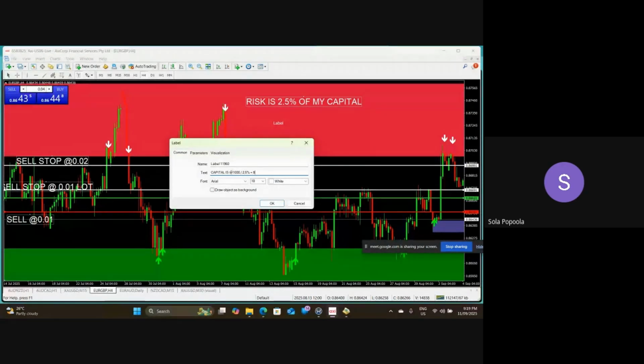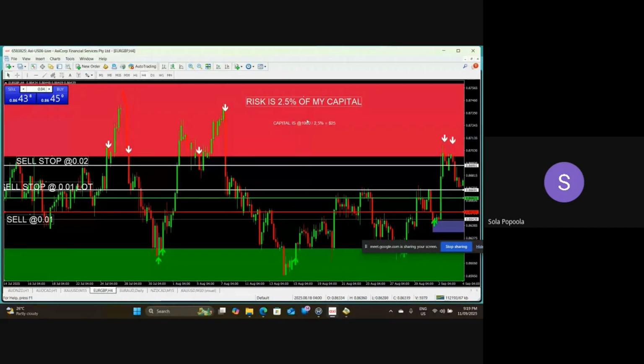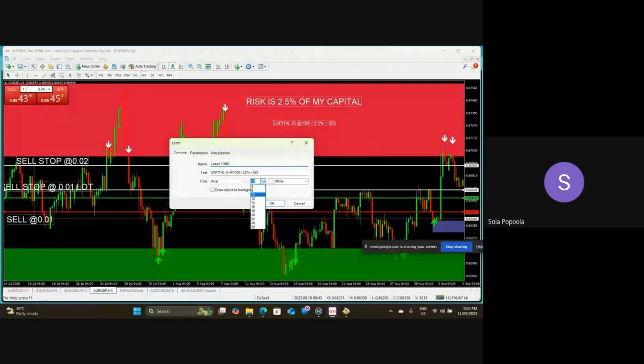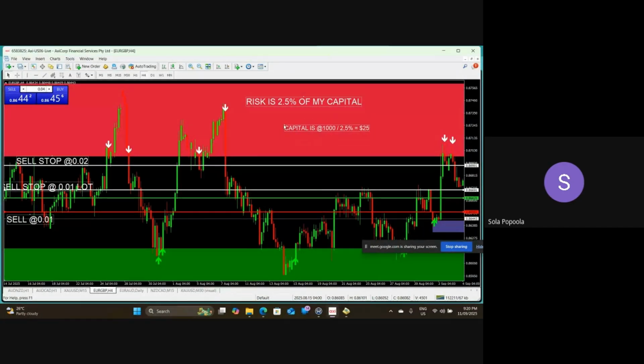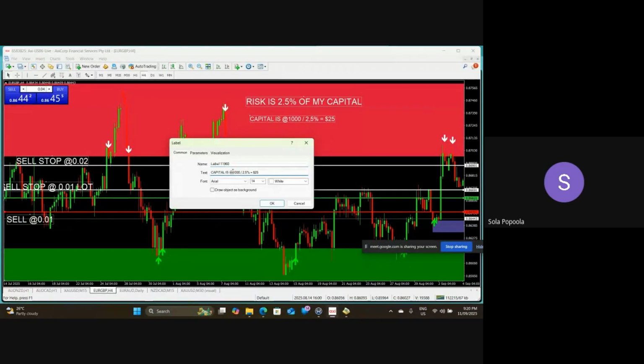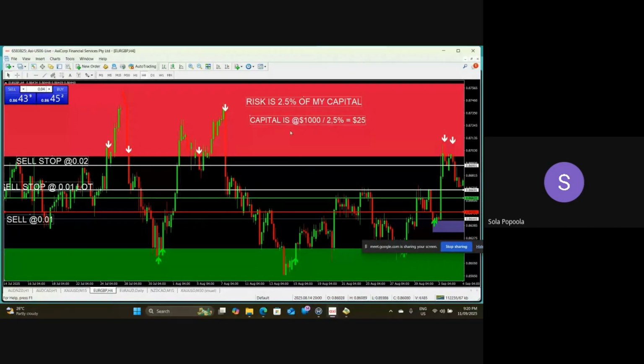It's going to be about $25. Why is it so small? Okay, let's make it bigger. So our capital is $1,000, and 2.5% equals $25. I believe you are getting it very well now.